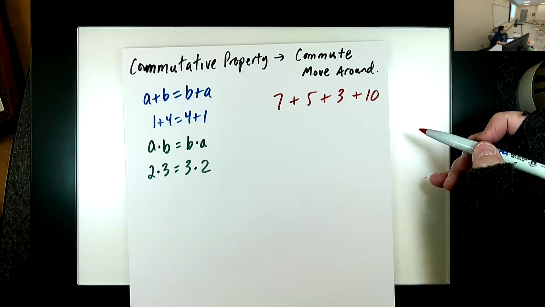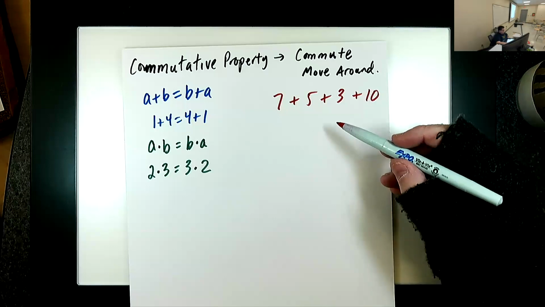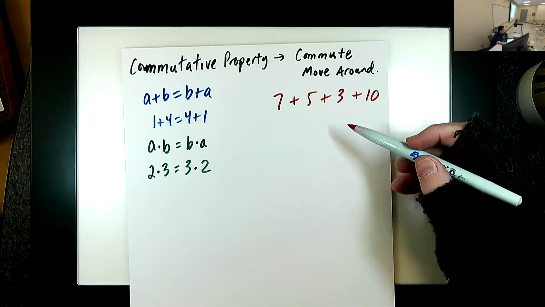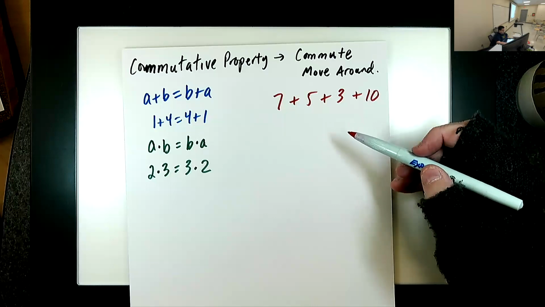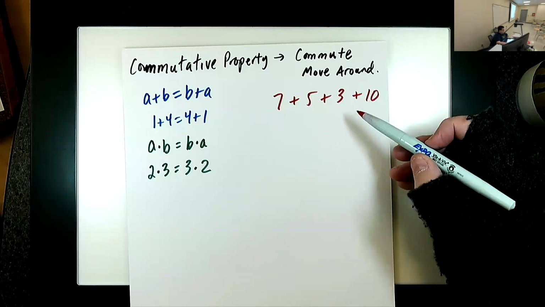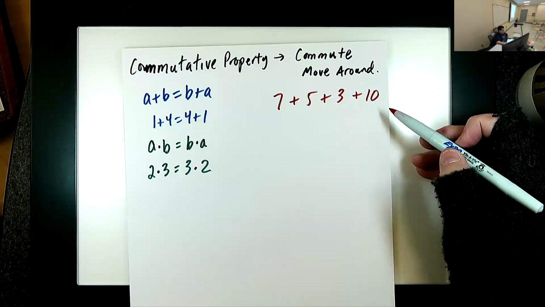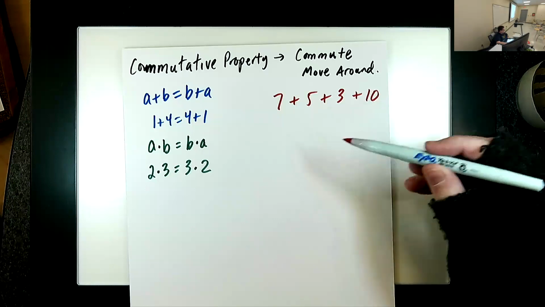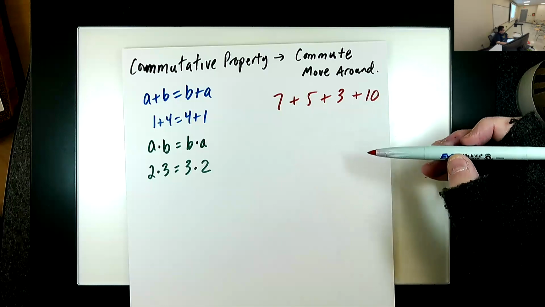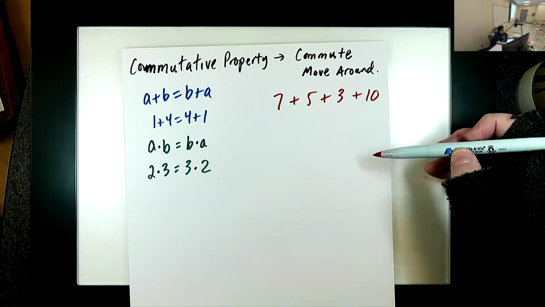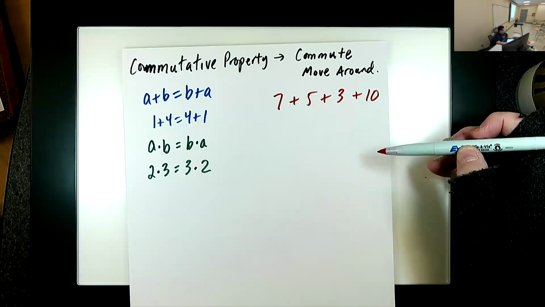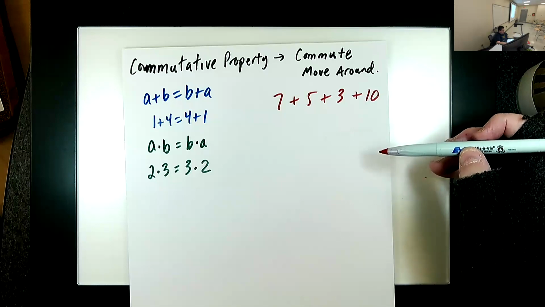Now, when we do adding left to right, 7 plus 5, let's pause and think about it as 12. 12 plus 3 is 15. 15 plus 10 is 25. Depending on some of these numbers, like when I add 9 to something or when I add 8 or 7, it slows me down. I really have to stop and think about what the answer is.